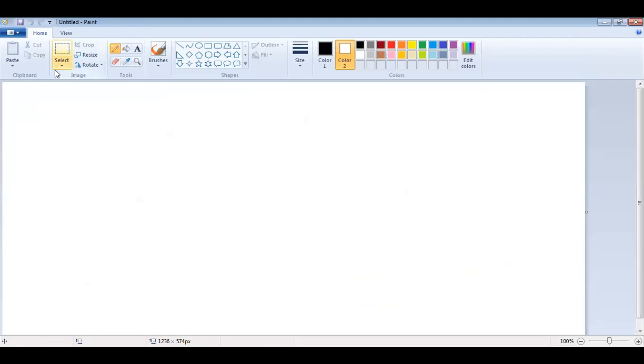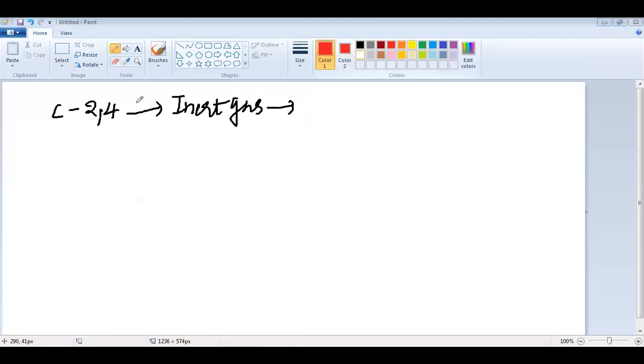Now let us study about carbon. Carbon, that is 2, 4, would like to convert itself like an inert gas. So carbon makes compounds by converting itself like inert gases. How does carbon make compounds? Carbon wants to convert itself like the inert gas. There are 2 inert gases available around carbon.